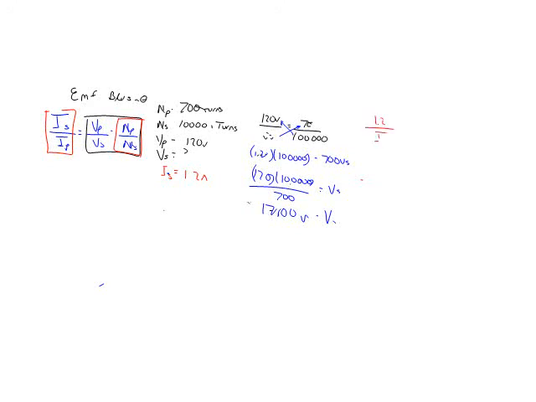For our coils, we have NP, which is 700 over 100,000. Let's do our little crisscross applesauce again. And I get 171.